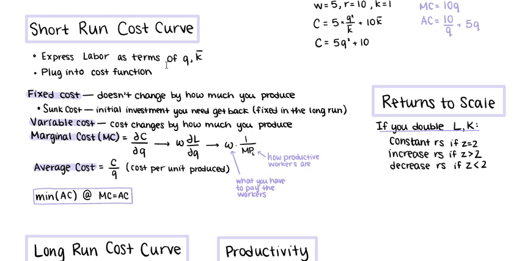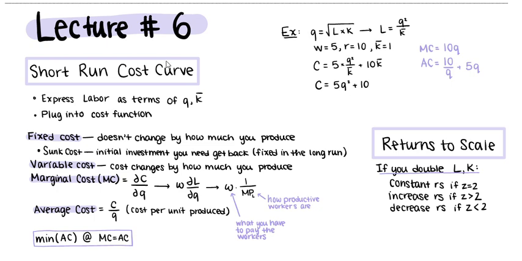So the minimum of average cost is at the point where the marginal cost line and the average cost line intersect. That's the minimum. Okay. So here is an example.